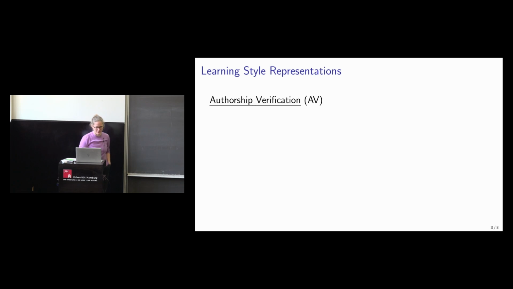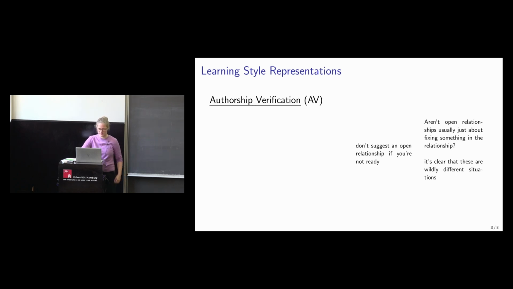And I've talked to you a lot about different training tasks, and we also do this via this familiar setup of having a training task, using a neural network to do this task, and then looking in the network, taking out these representations that were really helpful for this task, and then using those for the purpose of representing style or meaning, right? In this case, what we use as a training task is the authorship verification task.